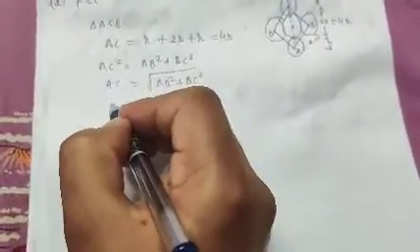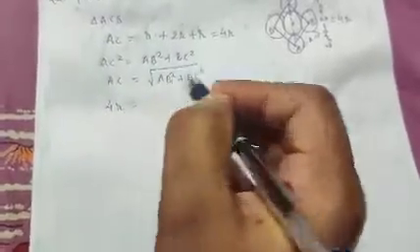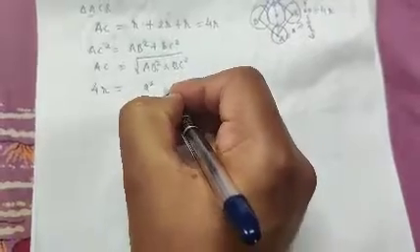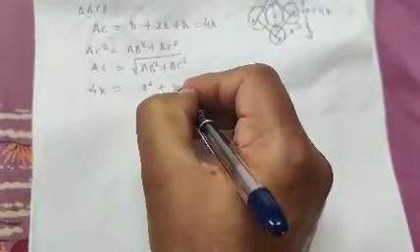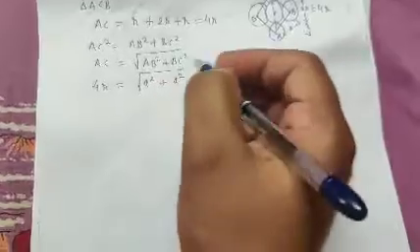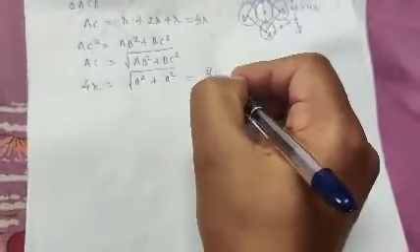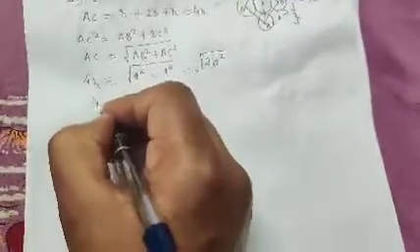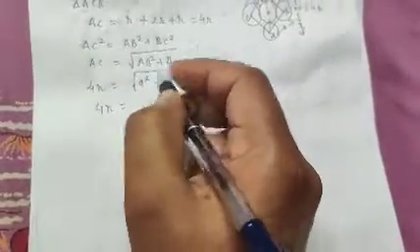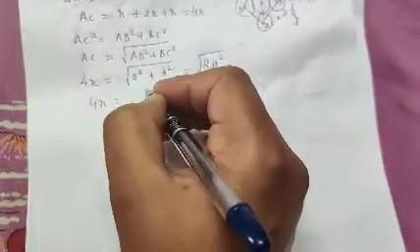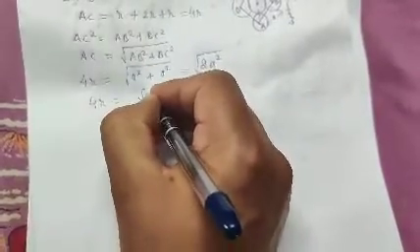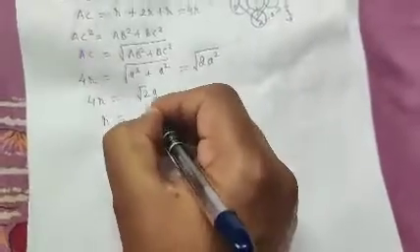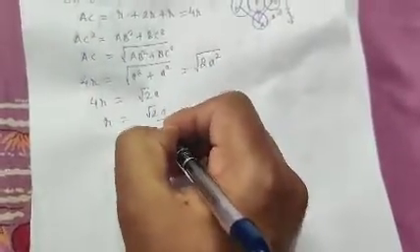Since AC is equal to 4r, and AB is equal to a, BC is equal to a, therefore this will be under root of a square plus a square. This will be under root 2a square, which equals 4r. So this will be under root 2 into a, and r will be under root 2 a upon 4.